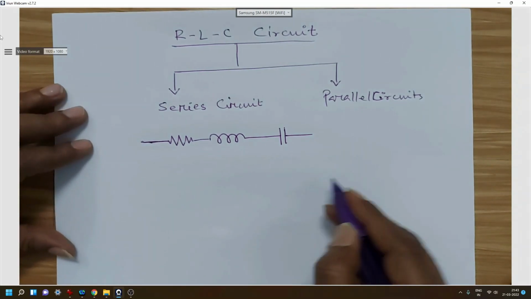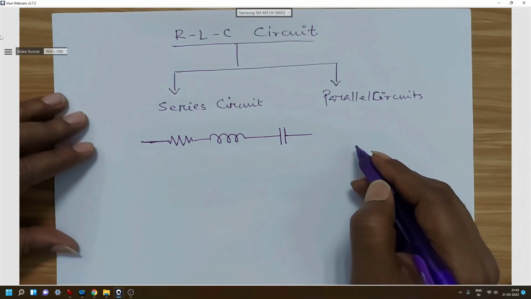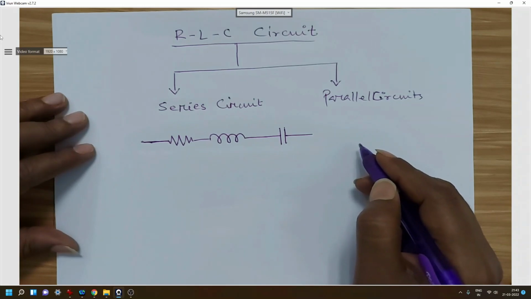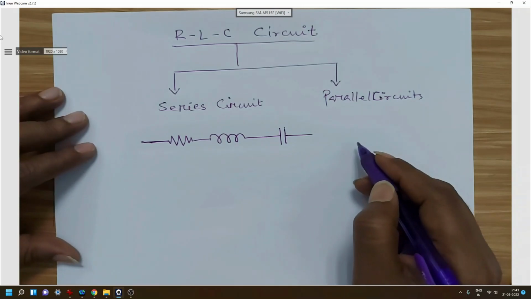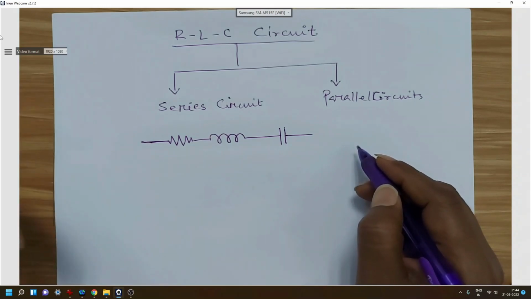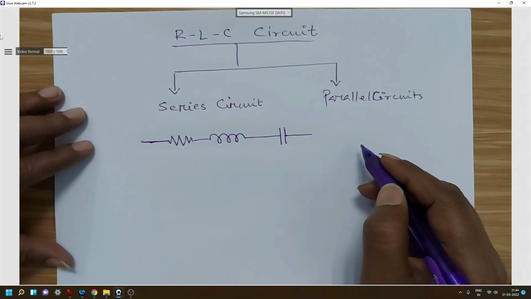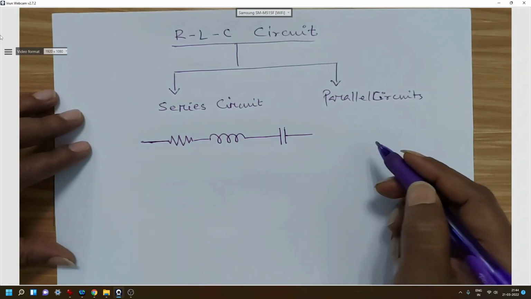In series circuit or series connection, current remains constant, and in case of parallel, the voltage remains constant. So we have already come across series connection and parallel connection.